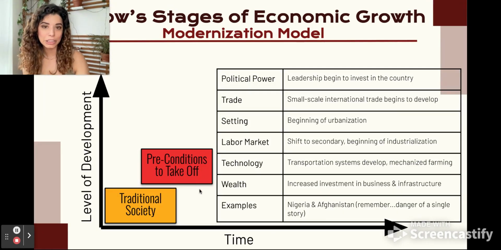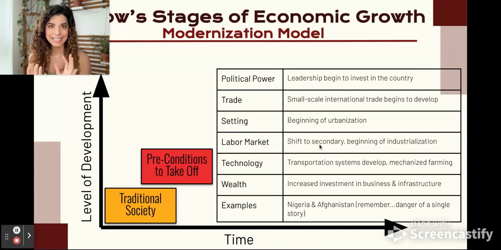Then preconditions to take off. So as we move forward and development is continuing to happen, we see leadership investing in the country. We see small scale international trade. Urbanization is just starting up. We have a shift to secondary. So think of like early industrialization, like mechanization of work, processing within factories, right?